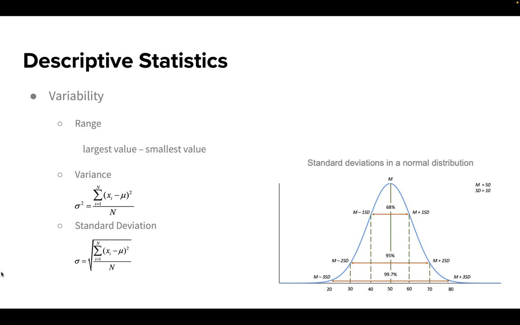Now, another part of descriptive statistics is looking at the variability, and this can have a number of different things like the range, what's the difference, what's the gap between the largest and the smallest values in the data set, the variance, and in particular, this comes up a great deal, standard deviation.